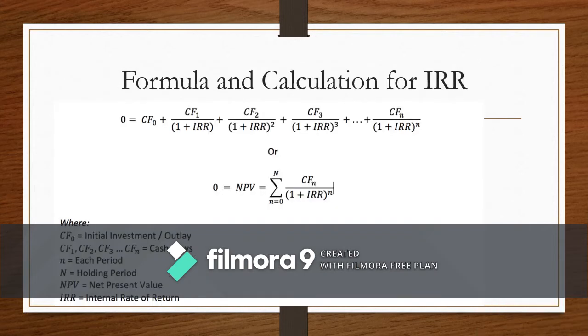The formula and calculation for IRR, where CF0 is the initial investment or outlay, CF1, CF2, CF3, CFn is the cash flow in each period, and n is the holding period, NPV is net present value, and IRR is internal rate of return.